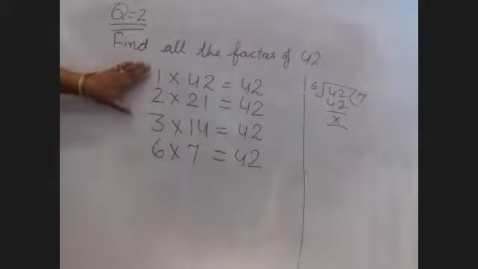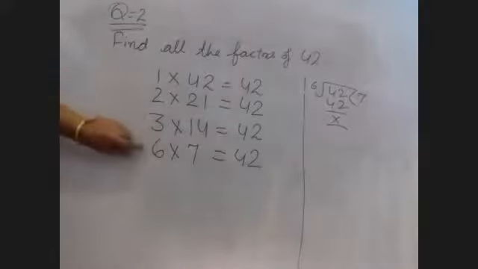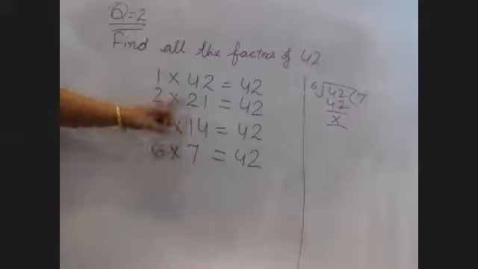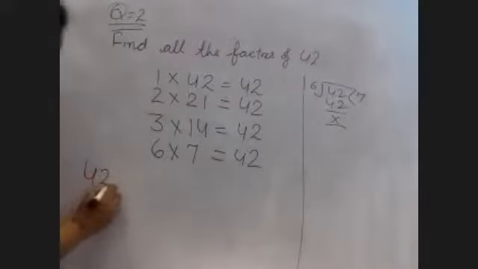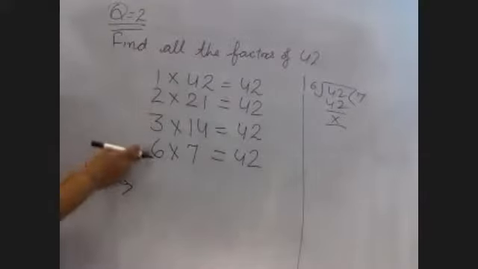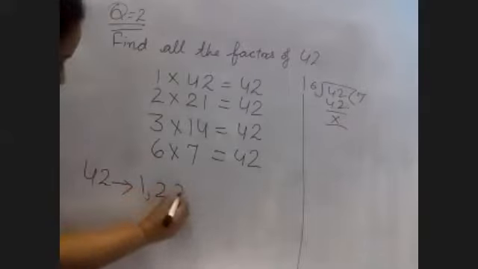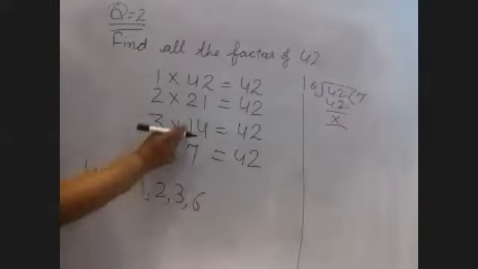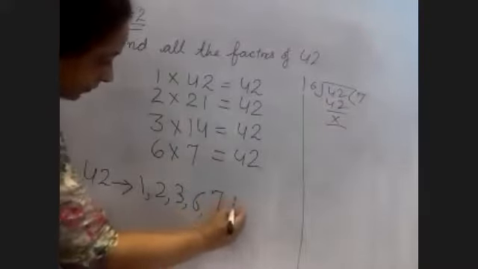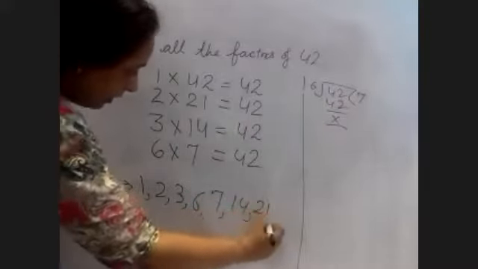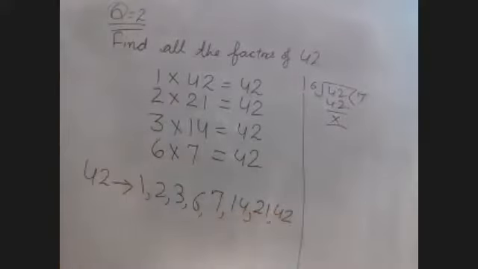All factors of 42 are 1, 2, 3, 6, 7, 14, 21 and 42. Clear, students? So this is the second question, first part.